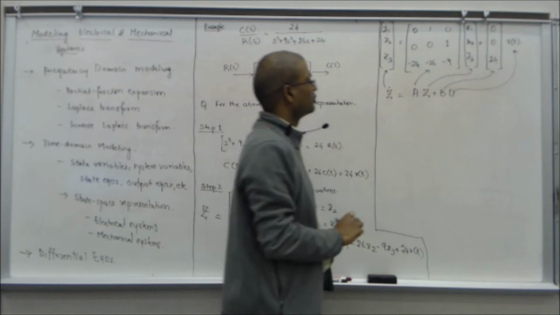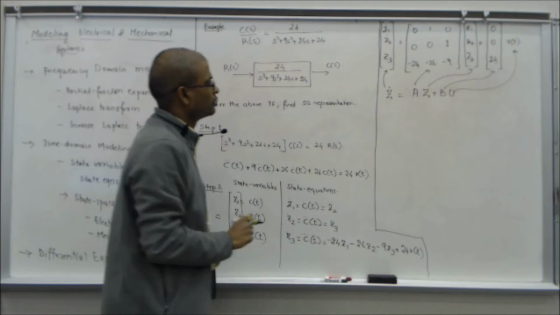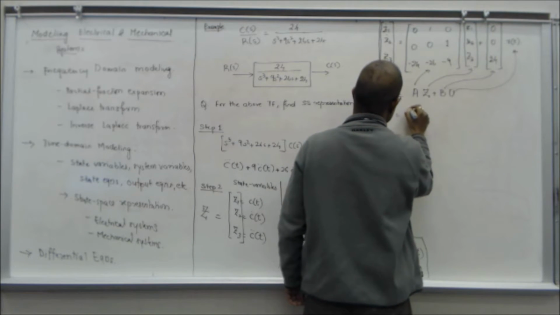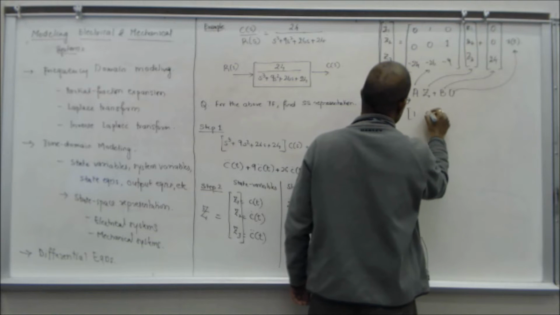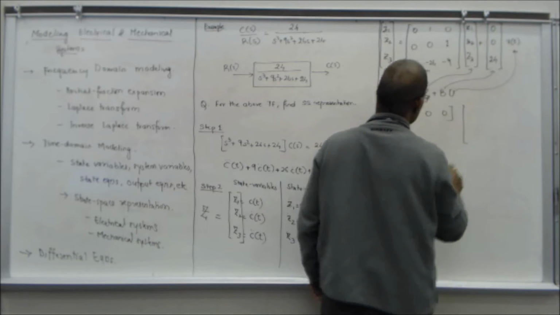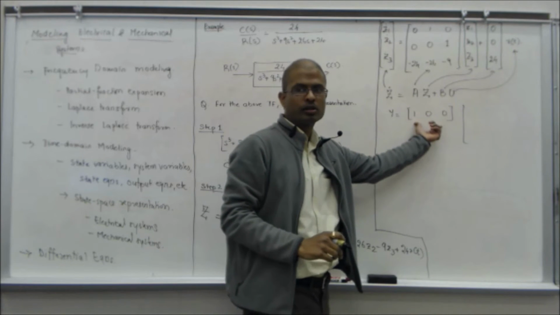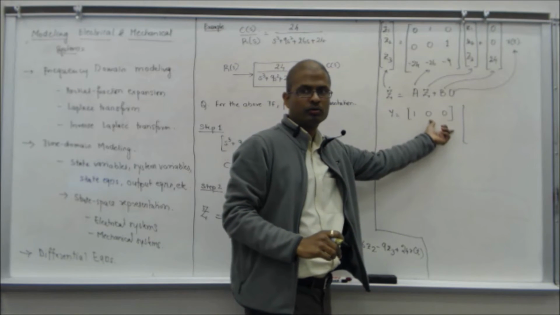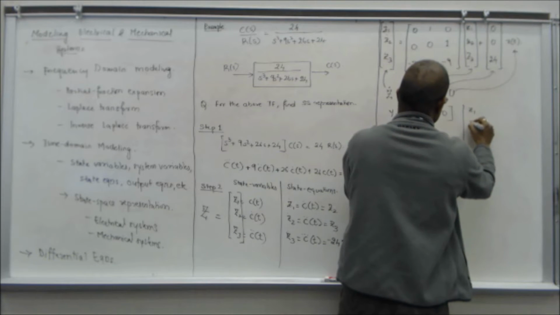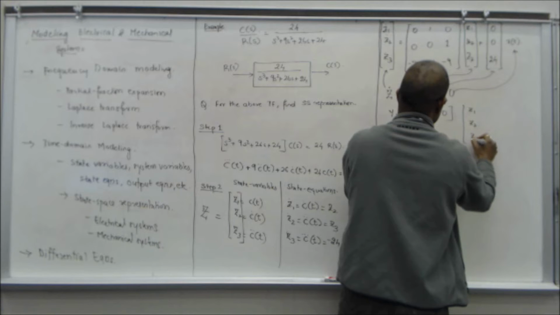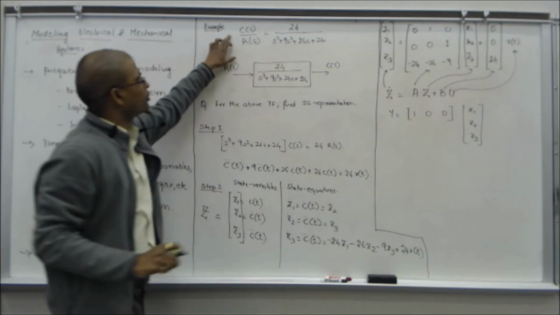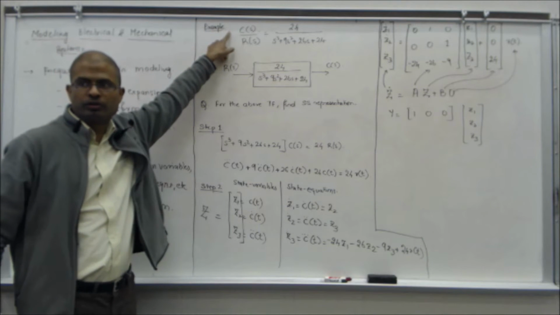Okay. And what is your output? So your output equation would be Y is equal to, right. See, so you just have to define this. What is this? C is 1, 0, 0, right? Because you have Z1, Z2, Z3. From this you can make out C of S is output, right?